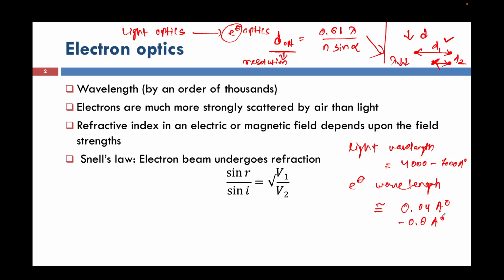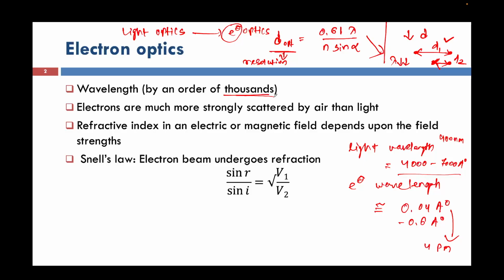If you want to compare, this is in the order of 400 nanometer, and this is in the order of 4 picometer. So the variation between the wavelength of light and that of the electron is in the order of thousands.